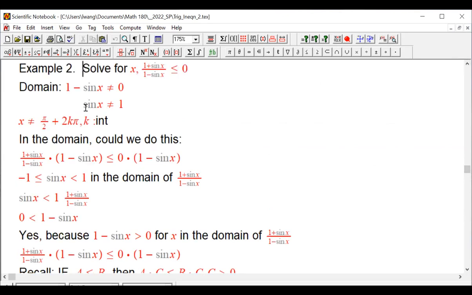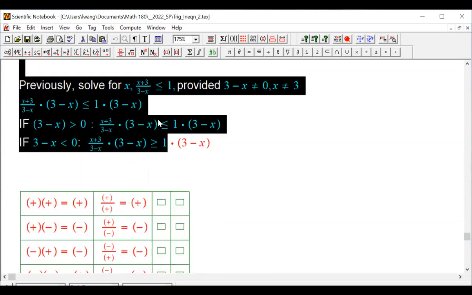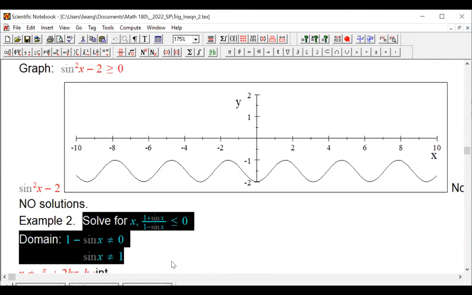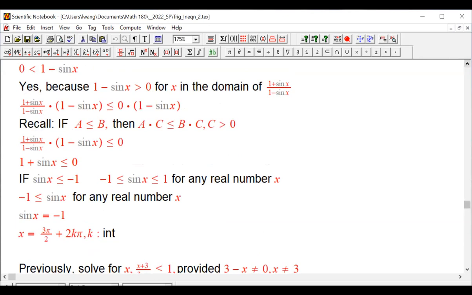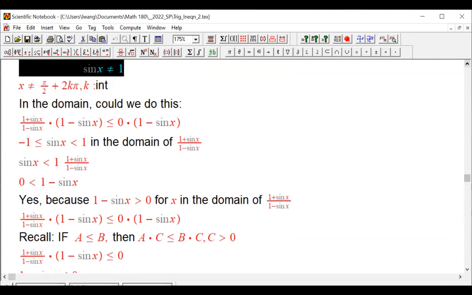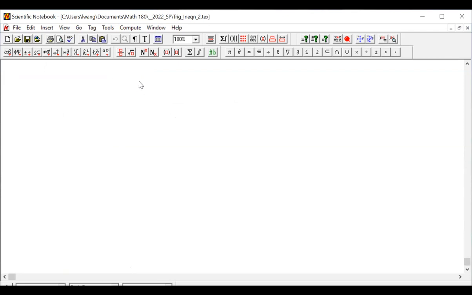So with this whole analysis, I'm going to give you a version of the work to be shown. Okay, so solve for x.